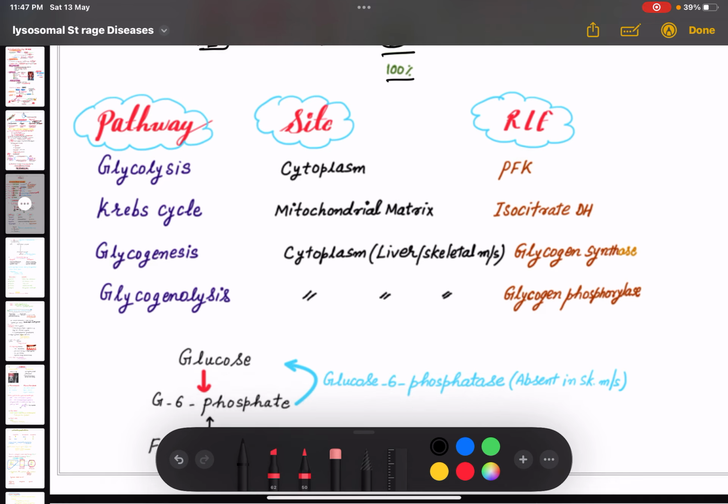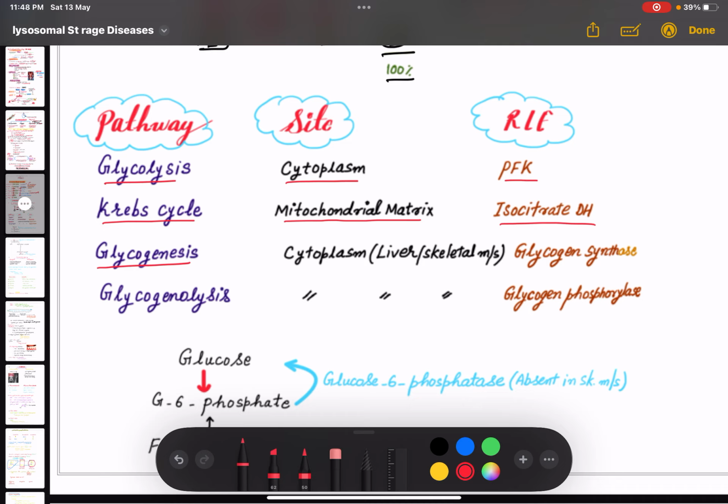Now let's see some pathways, their sites and their rate limiting enzymes. They can be asked in your exam, so remember these points very well. Glycolysis occurs in the cytoplasm, and the rate limiting enzyme is phosphofructokinase. Krebs cycle occurs in the mitochondrial matrix, and the rate limiting enzyme is isocitrate dehydrogenase. Glycogenesis is the formation of glycogen.